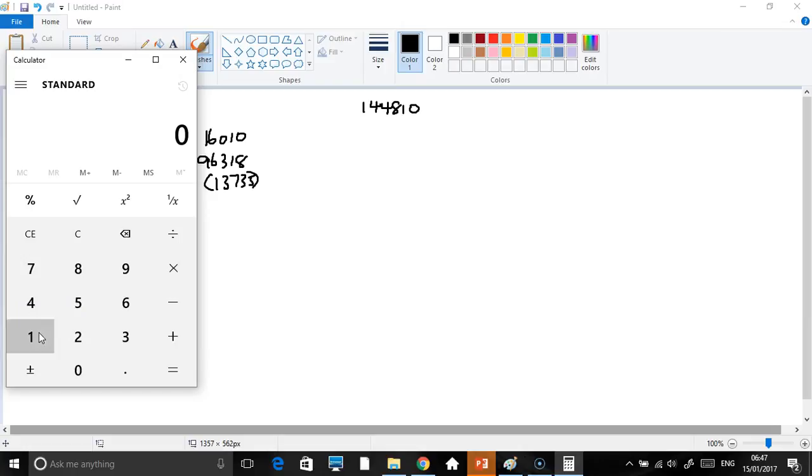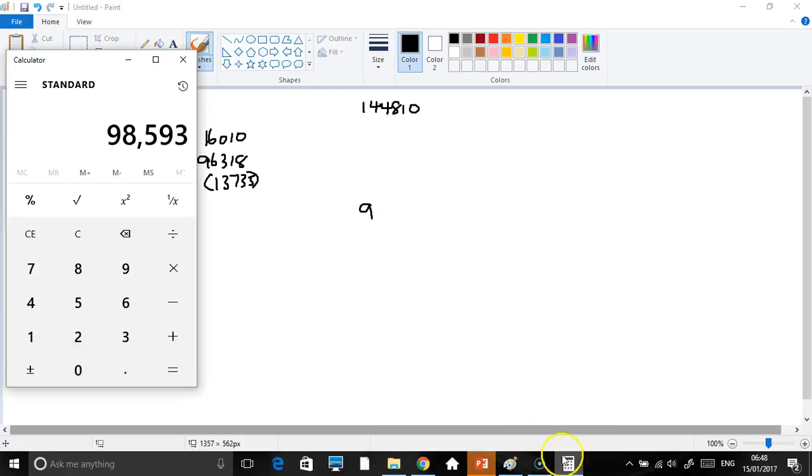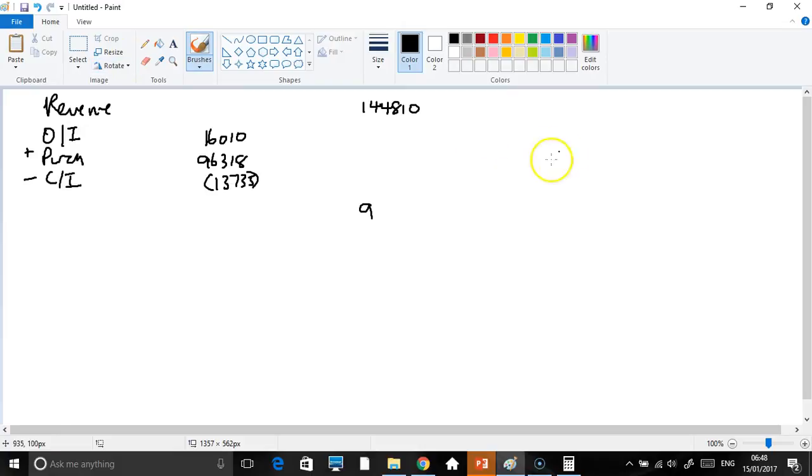Our cost of sales is 16,010 plus 96,318 minus 13,735, and you have a cost of sales figure of 98,593. So this is your cost of sales.